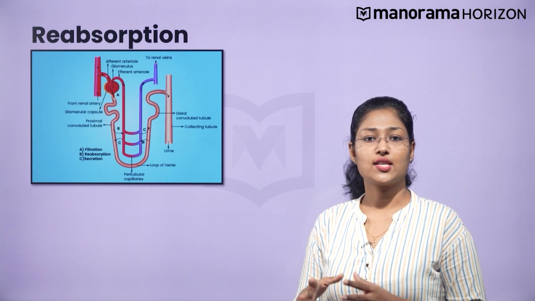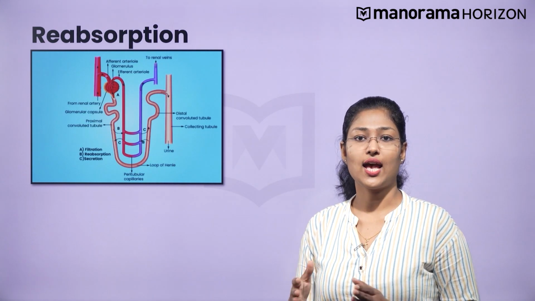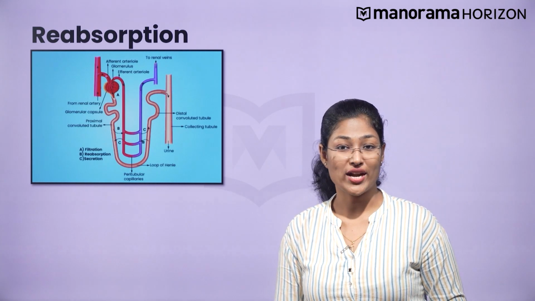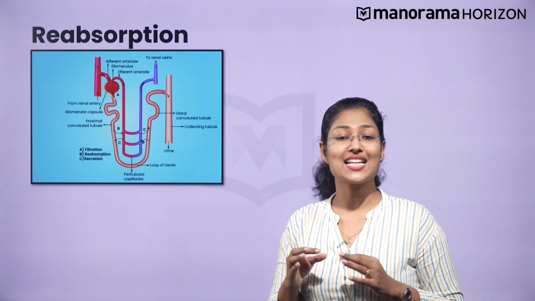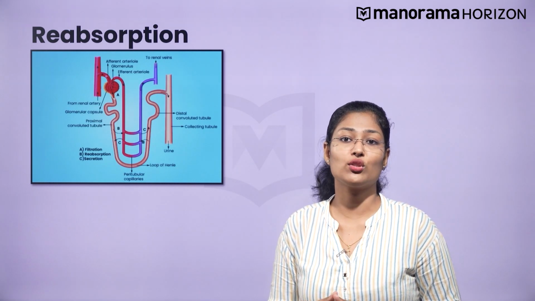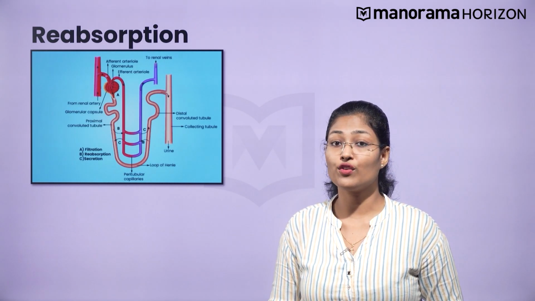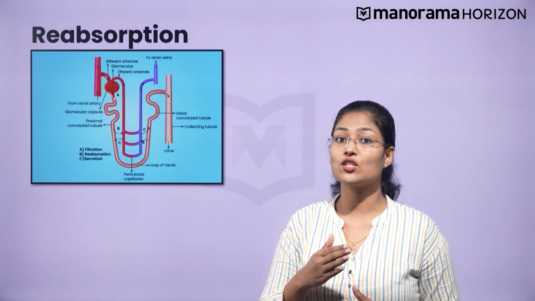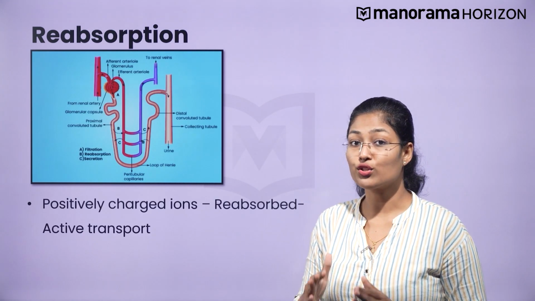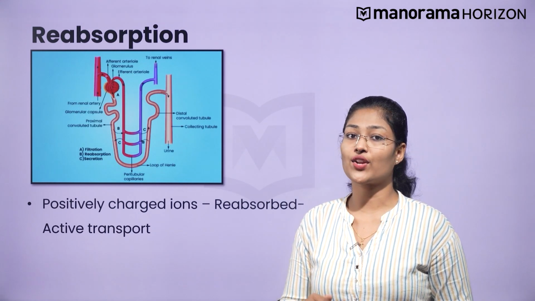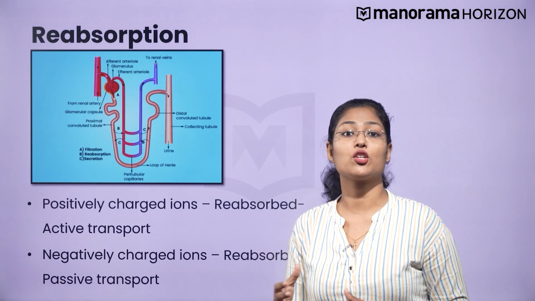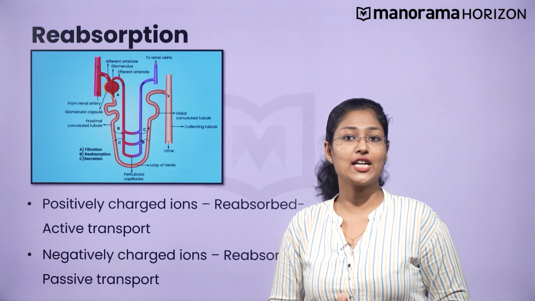Useful components such as water, electrolytes, and organic nutrients like glucose, amino acids, vitamins, hormones, etc. are selectively reabsorbed from the filtrate back into the blood in the proximal convoluted tubule as it travels through the renal tubules. Positively charged ions are also reabsorbed by active transport, while the negatively charged ions are reabsorbed most often by passive transport.